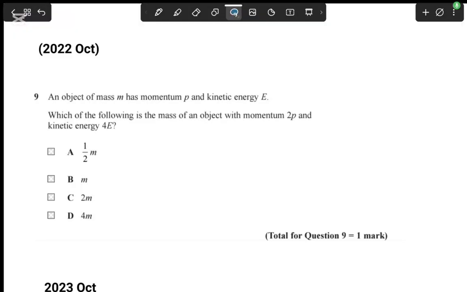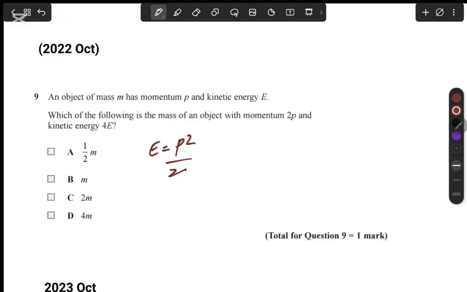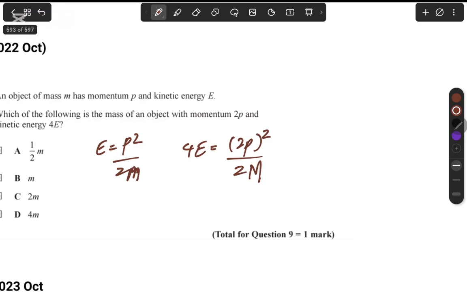So we've got a question here. It says an object of mass m has momentum p and kinetic energy E, then you have another object with momentum 2p and kinetic energy as 4E. So E is equal to p squared by 2m, and then 4E is equal to (2p) squared over 2. Let's call this capital M. This is going to be small m and this is going to be capital M right over here.